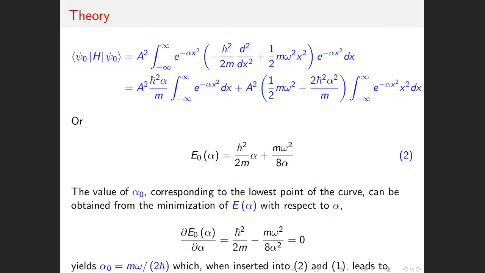So you plug in the psi 0, this is squared, e to the minus alpha x squared. Then we just differentiate this twice.